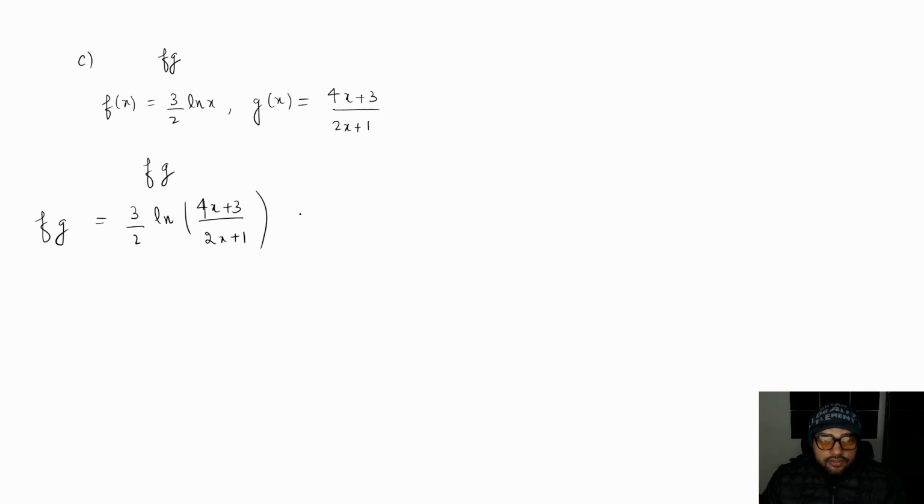Let's do this part clearly. 3/2 log of (4x + 3)/(2x + 1). This is the function value which we have got as fg.